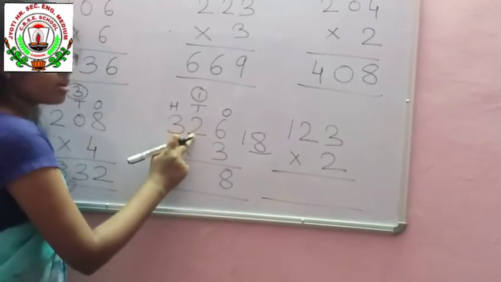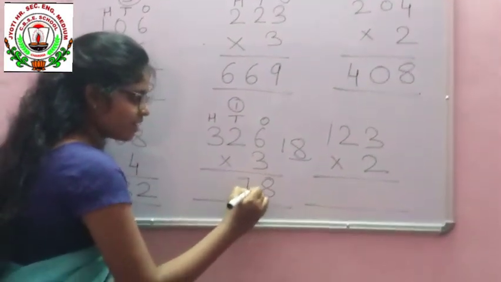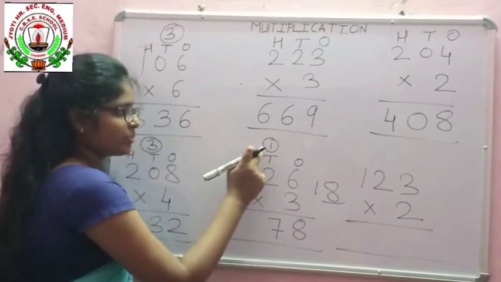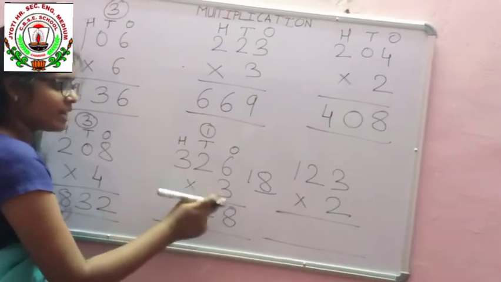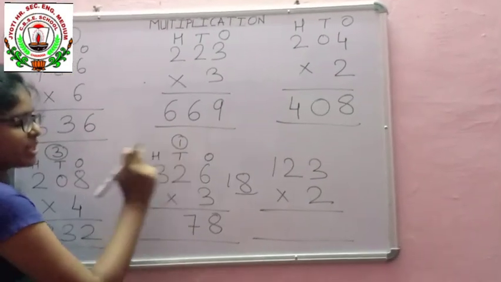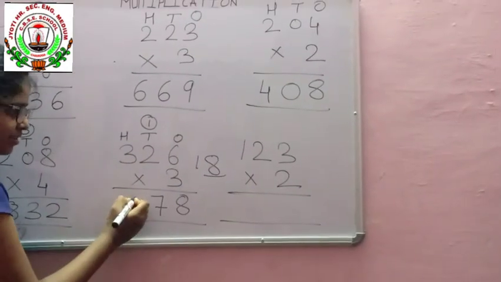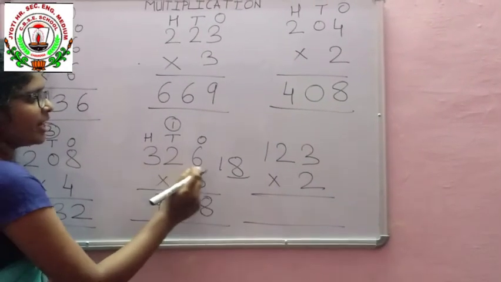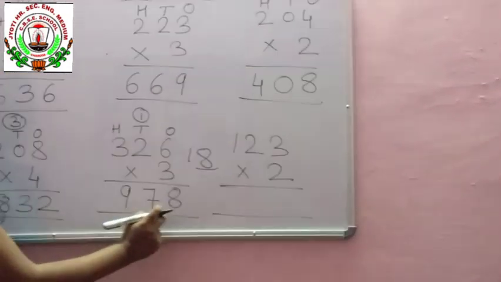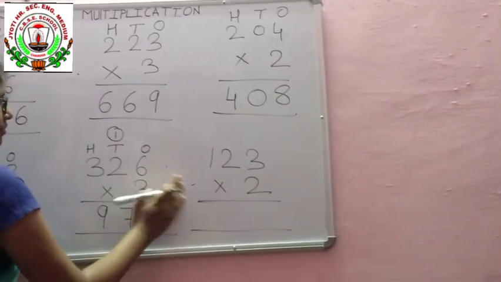So 3 twos are 6. 6 plus 1, 7. Because you know that we have to add the carryover number to the number that came as our answer. We have written 7 here. 3 threes are 9. So 326 into 3, the answer is 978. Got it, children? Last question.